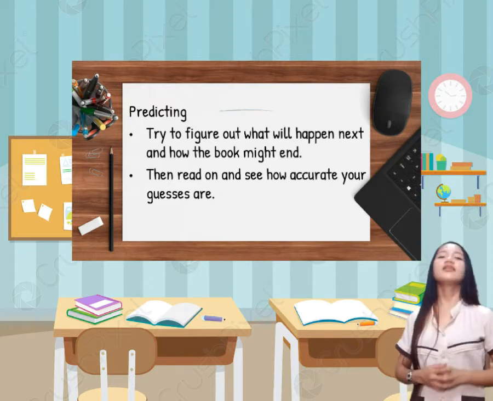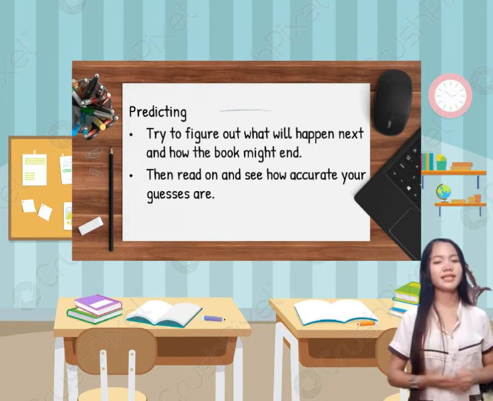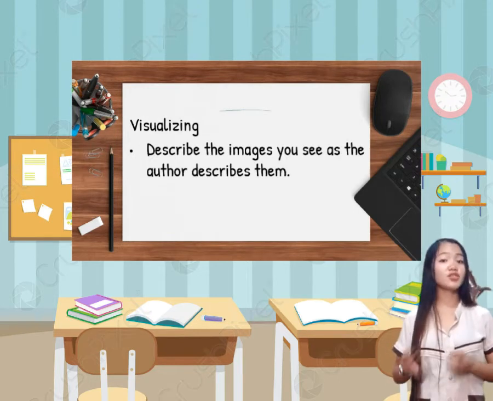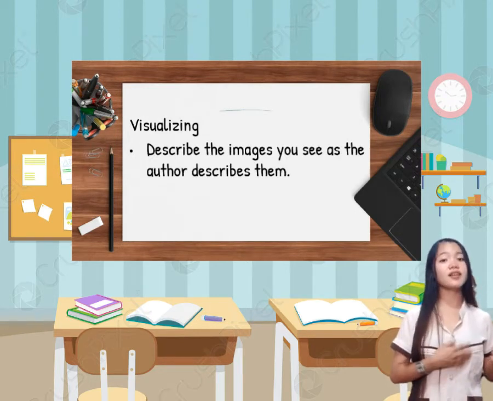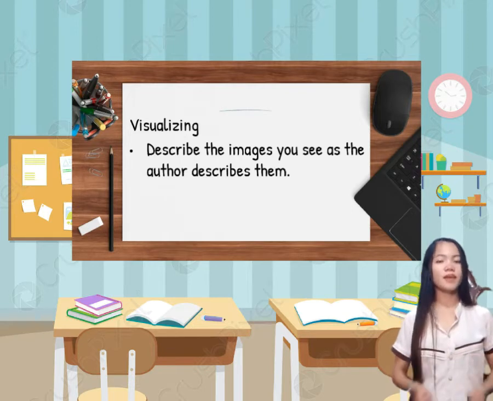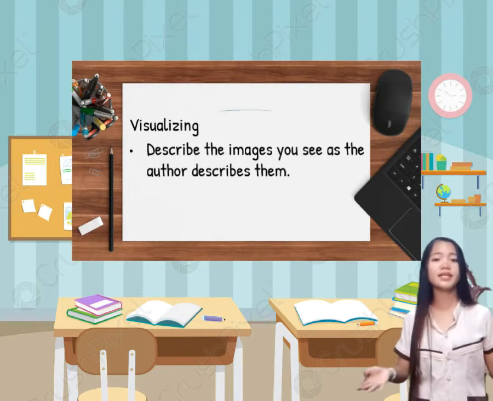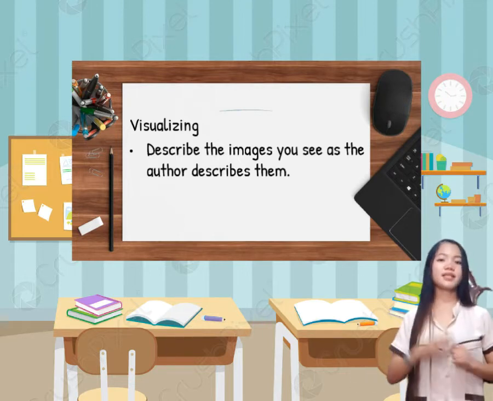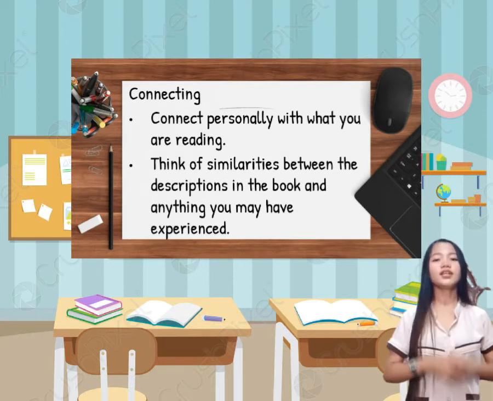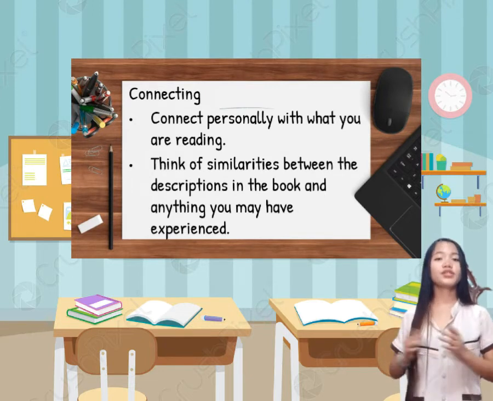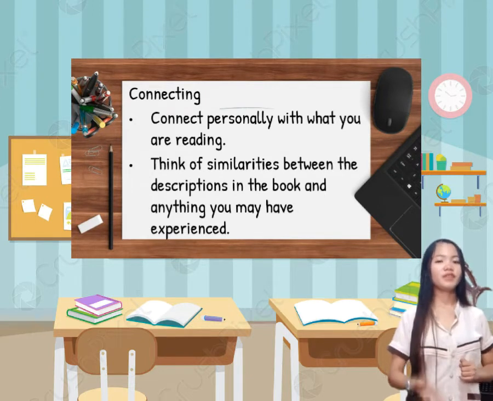So that's it. The next one is visualizing. Visualizing means describing the images you see as the author describes them. In visualizing, it helps you understand what's happening with characters, events, and the setting. Next is connecting. Connecting means connecting personally with what you are reading.